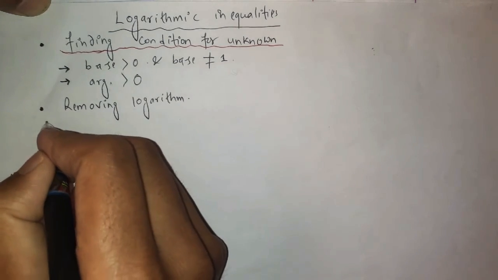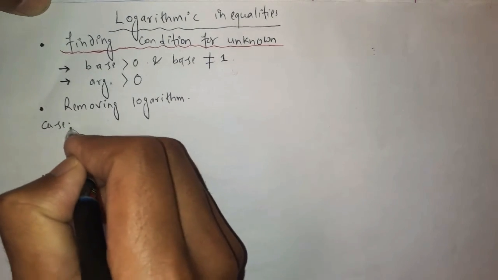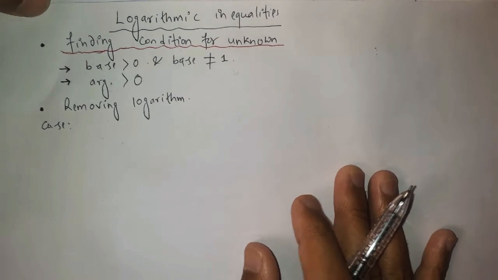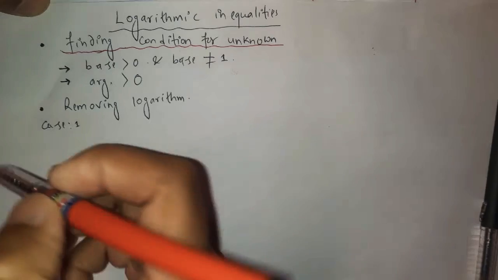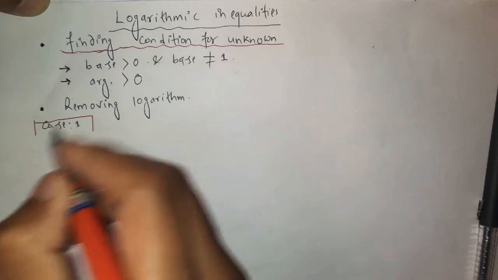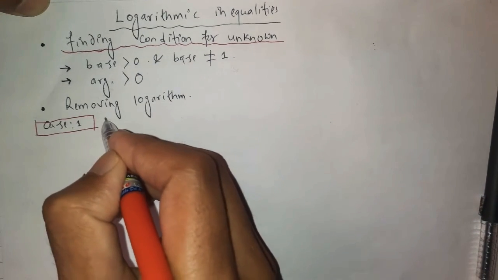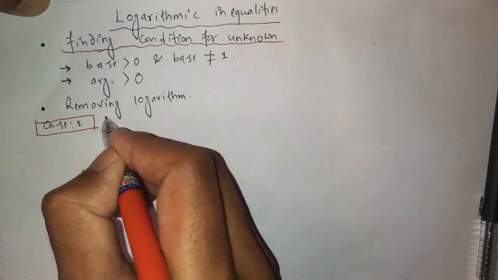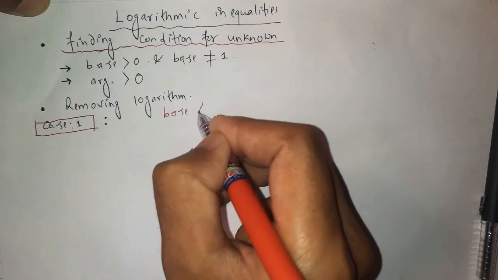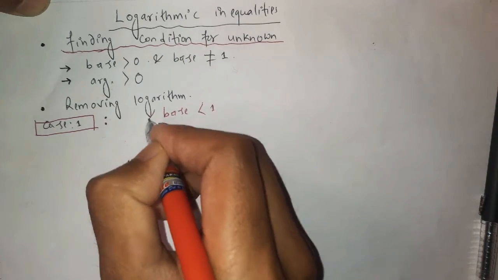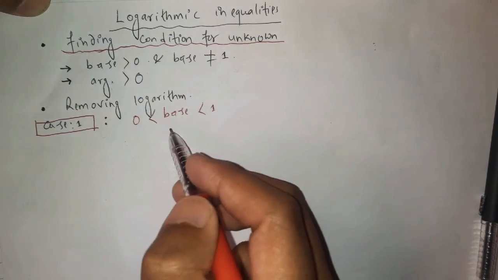For removing the logarithm, there are two cases. The cases are divided according to the base. The first case is if the base lies between 0 and 1.